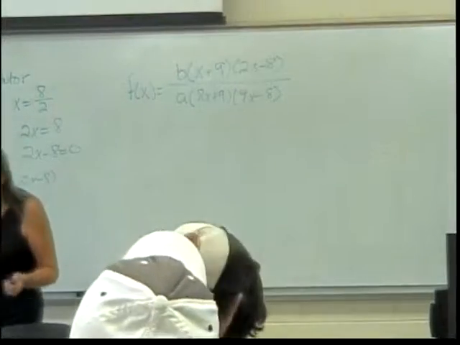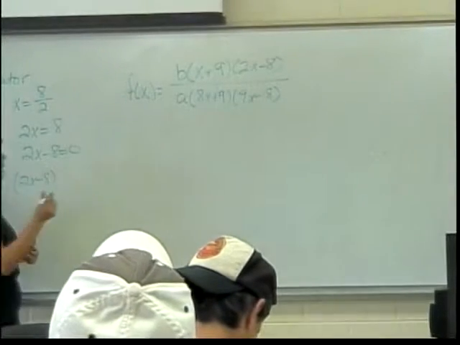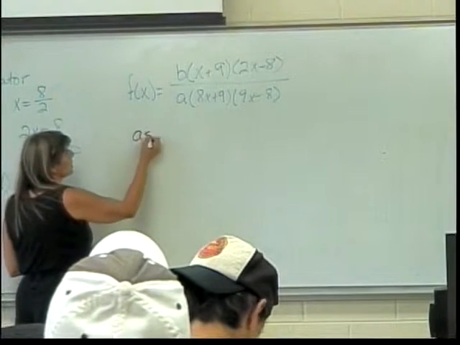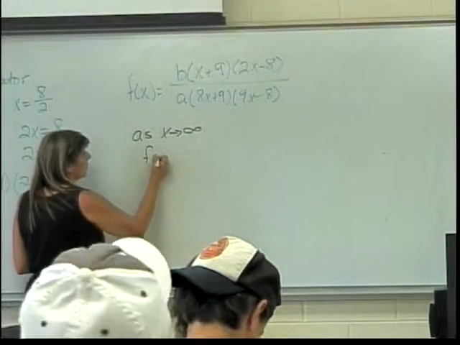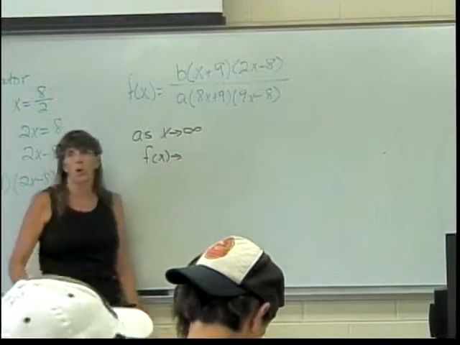According to the horizontal asymptote, when I go as x approaches infinity, f of x is supposed to approach what?